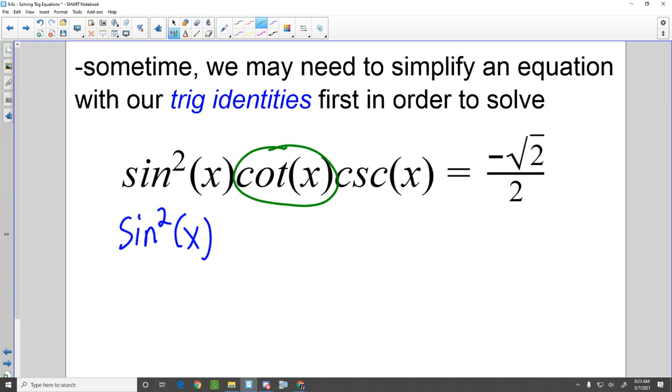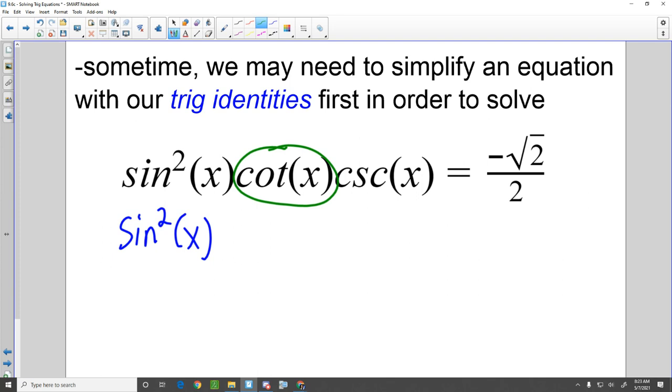How do we write cotangent in terms of sine and cosine? Look at your identities. There is one that says cotangent equals, and it's something with a sine and a cosine. So take a look right now, find it, and write it as that. What is it? Sine x over cosine. It's cotangent, though. Oh, cosine over sine.